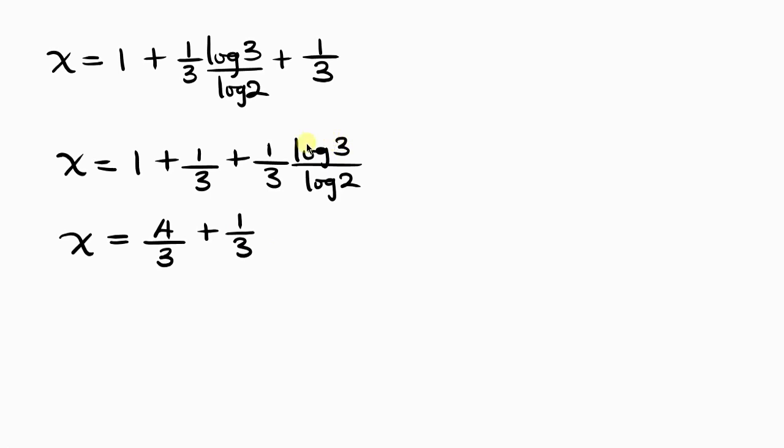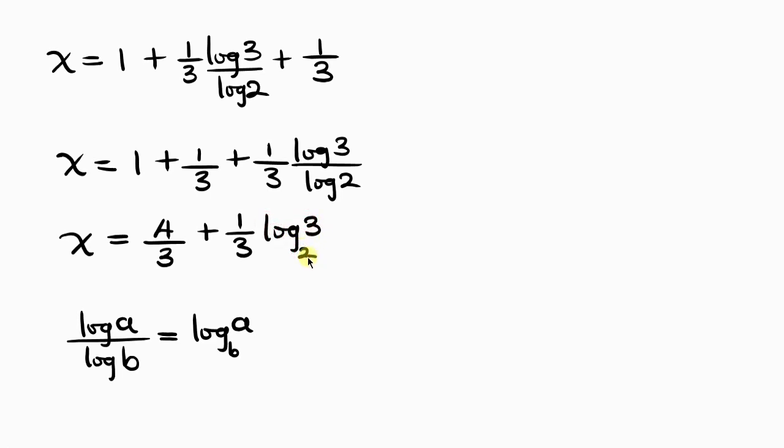Now I'm going to be applying a change of base here, which is a property of logarithms, which says when I have log a all over log b, this can be written as log a base b. So let's apply this property of logarithm to what we have here. So log 3 over log 2 can be written as log 3 base 2. And this is our final answer.